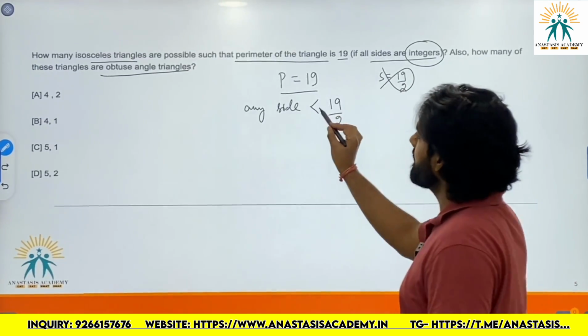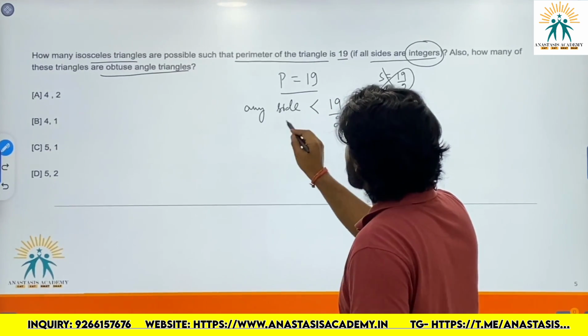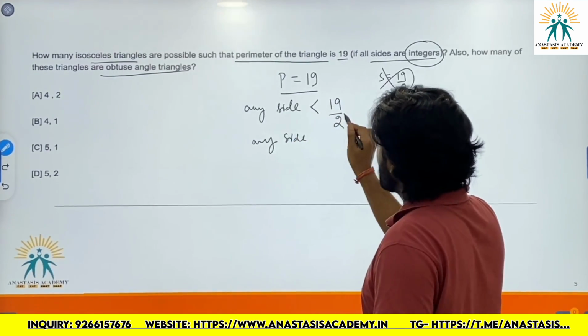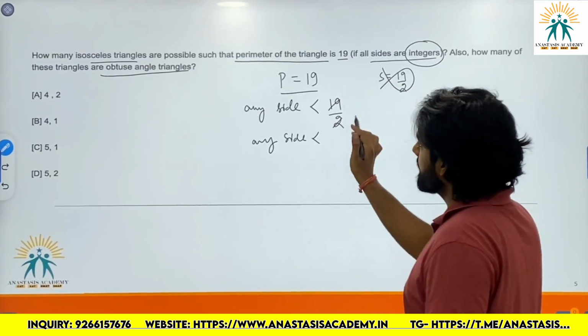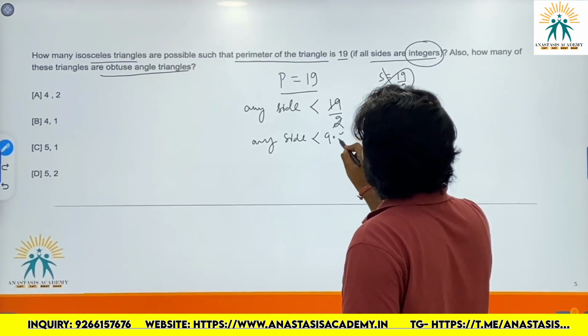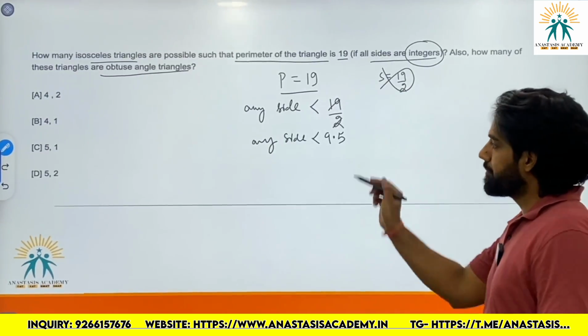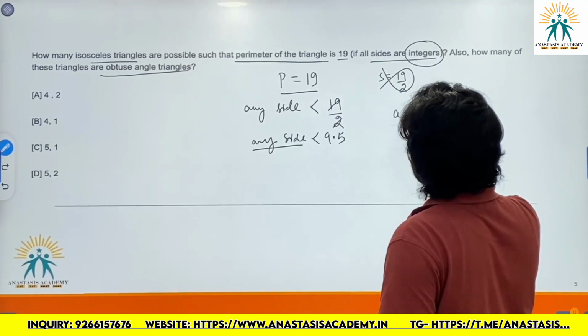So the maximum value of any side can be how much? Any side should be less than 9.5. And because sides are integers, the maximum value that any side can have is 9.